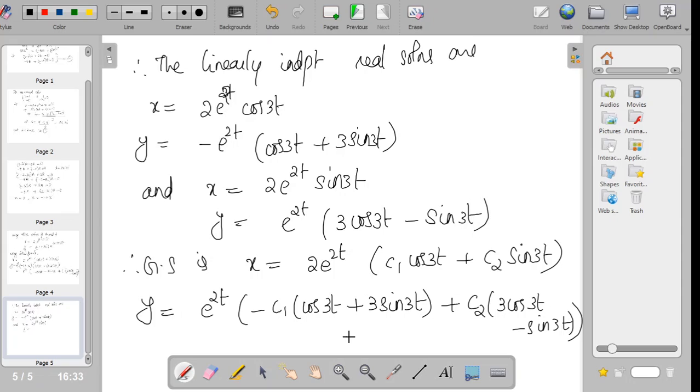So this is the required general solution for x and y. Here the constants c1 and c2 are arbitrary constants. Thank you.